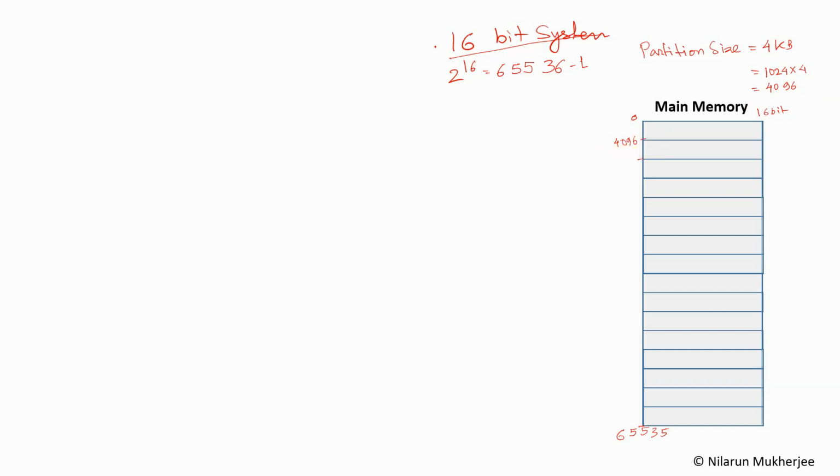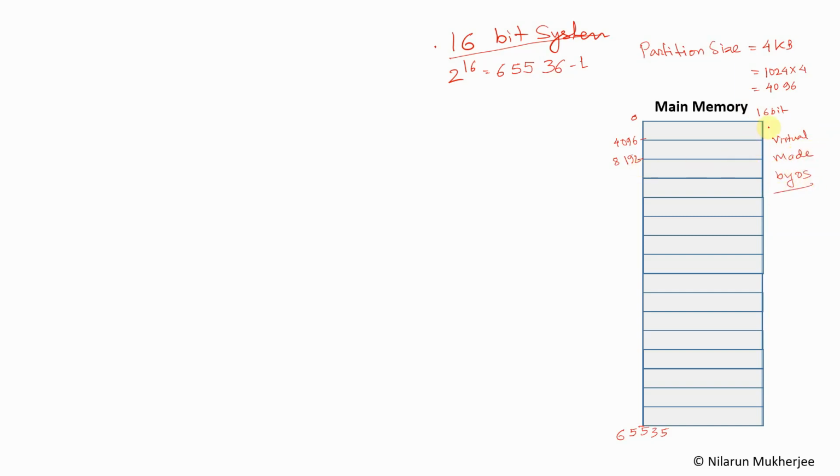Similarly, the second one will start at 8192, like that. So these divisions are virtual, made by the OS.